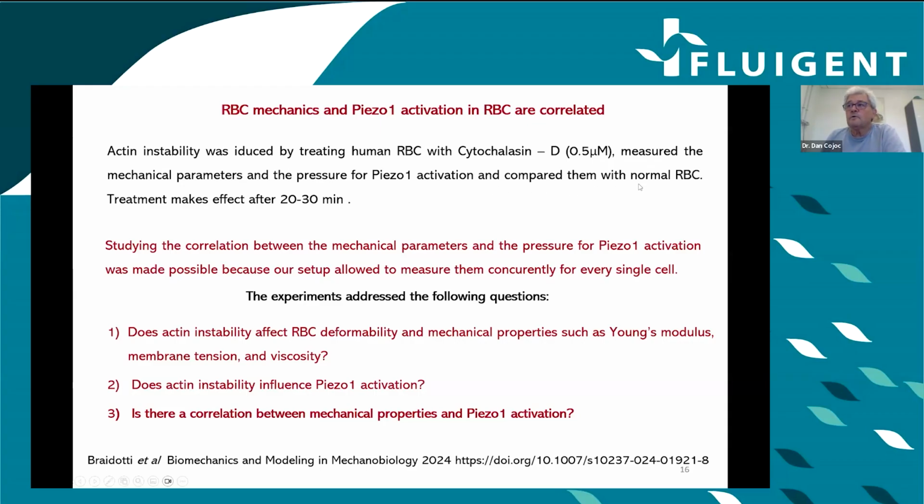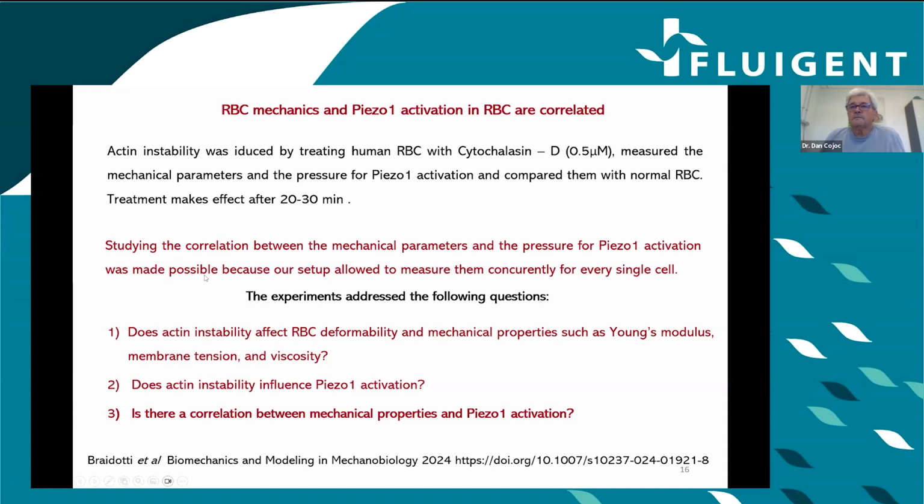Then we compare them with normal red blood cells. The treatment with cytochalasin takes effect after 30 minutes. So we expect that the cells treated with the drug do not change their properties before 30 minutes, but they do change their properties after 30 minutes.